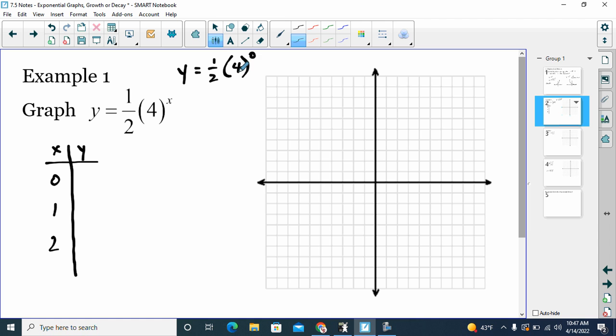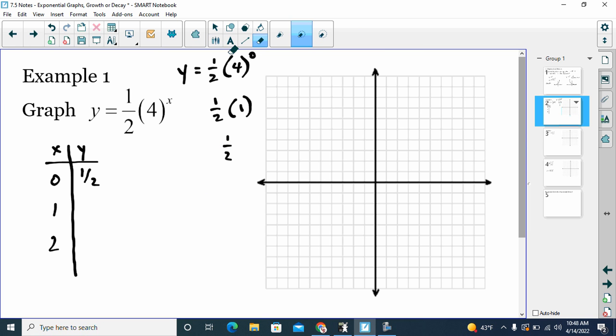Earlier this chapter, we said anything to the 0 power is 1. So 4 to the 0 would be 1. And then we multiply and divide and then add and subtract. So we always want to do the exponents before we multiply. So I did the exponent first, and now I do 1/2 times 1. If I plug in 0 for my x, I get 1/2 for my y.